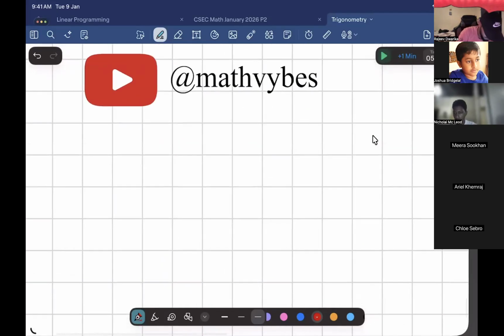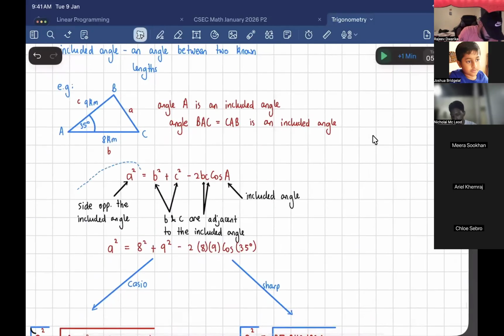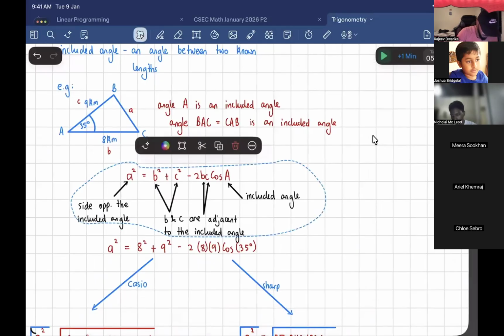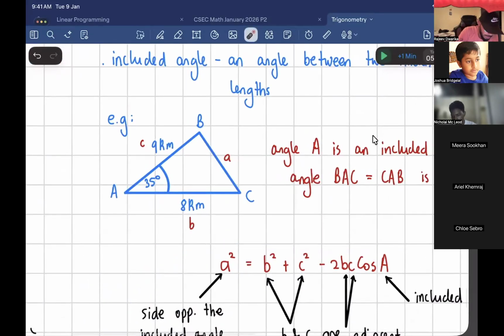Adetola, I want you to take this chance on mute and we'll run through a question together. This is the general formula you need to remember for the cosine rule. And you can only use the cosine rule if you have an included angle. An included angle is an angle in between two known lengths. So you must know the lengths of the adjacent sides to the angle.